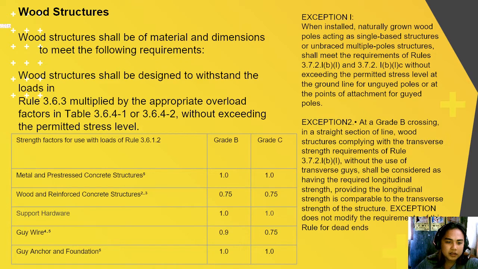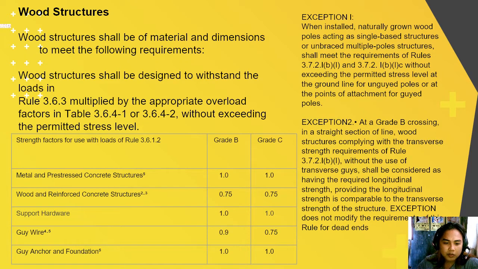For the metal and prestressed concrete structures, it is 2.5, so we have Grade B using 1.0 and Grade C is also 1.0. For the wood and reinforced concrete structures, 2.3, we have 0.75 for Grade B and also Grade C is 0.75. Support hardware is 1.0, also Grades B and C. Our guy wire, 4.5, is 0.9 and the other one is... I don't think this is 0.75.